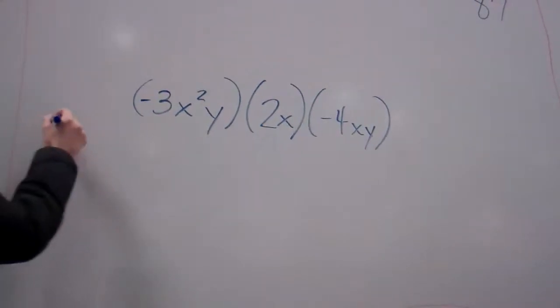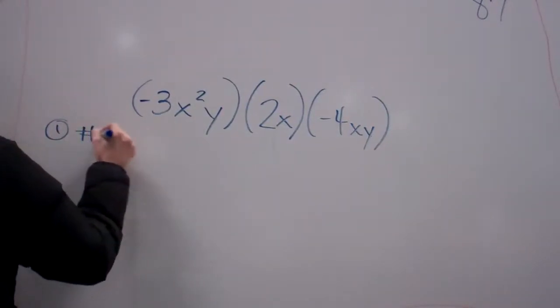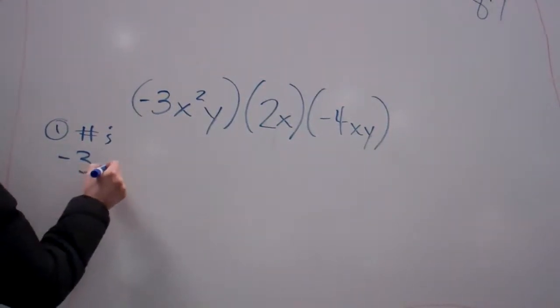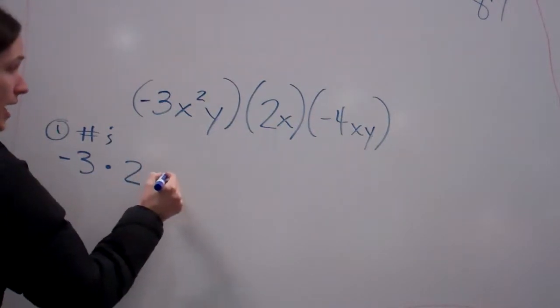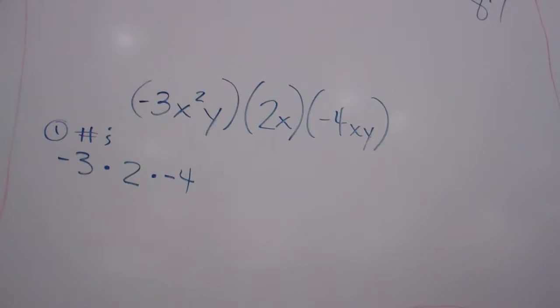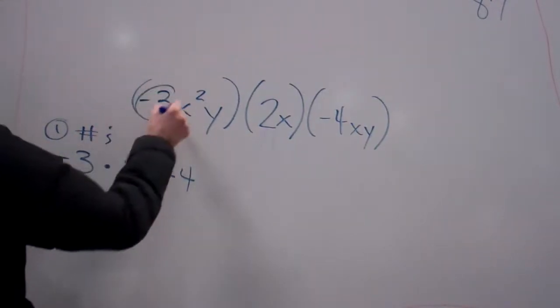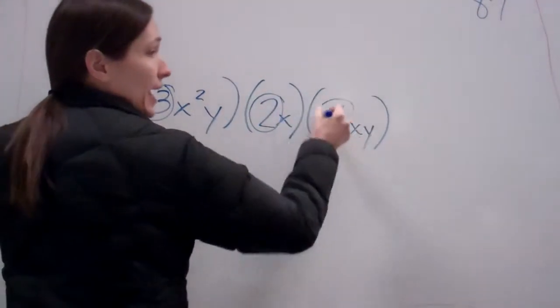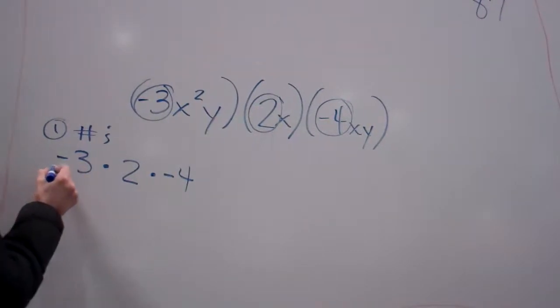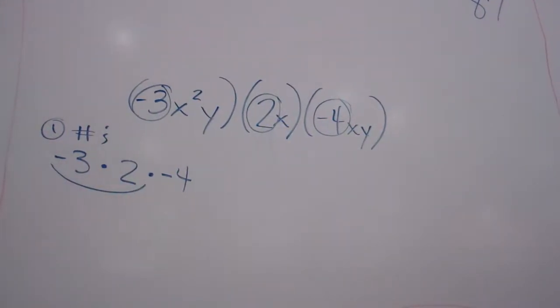But our very first step is to multiply the numbers. So let's do that. I have negative 3 times 2 times negative 4. Does everybody see how I just took the numbers away from the problem? Negative 3, 2, and negative 4. Okay? So, what is negative 3 times 2?